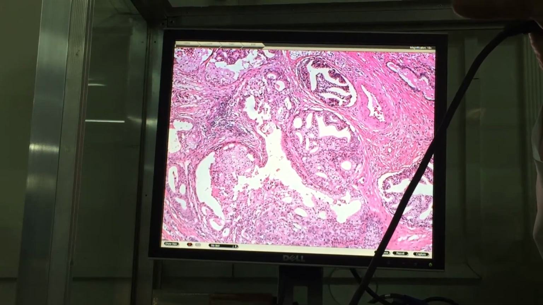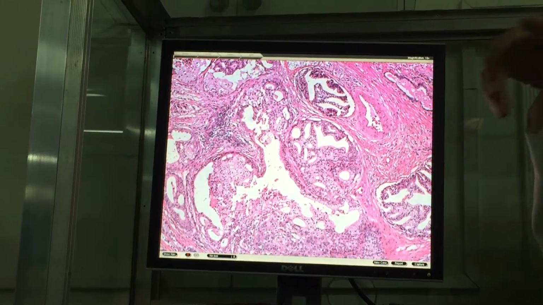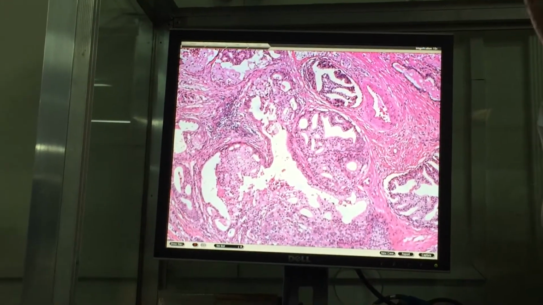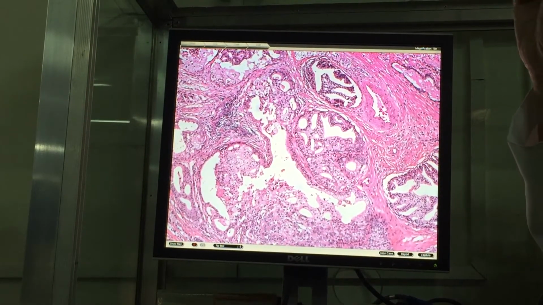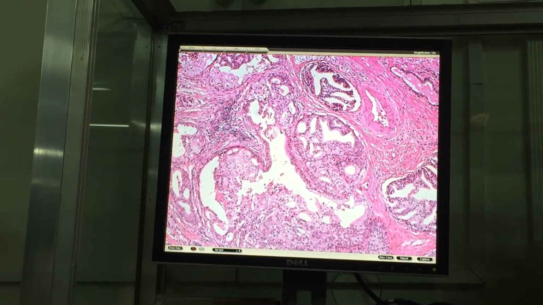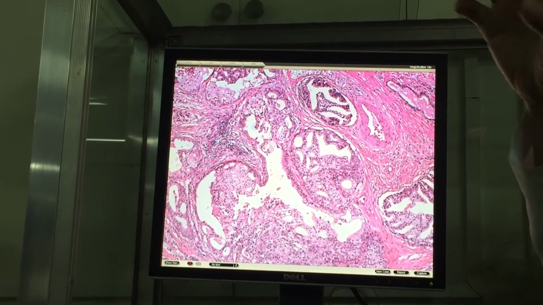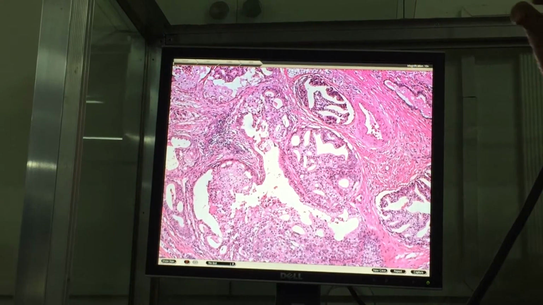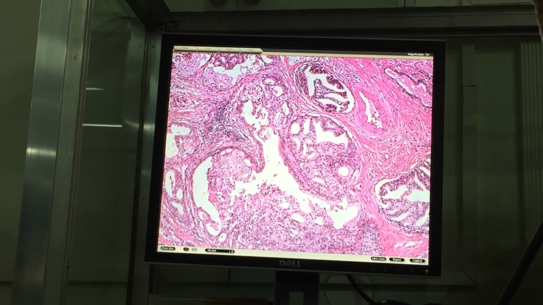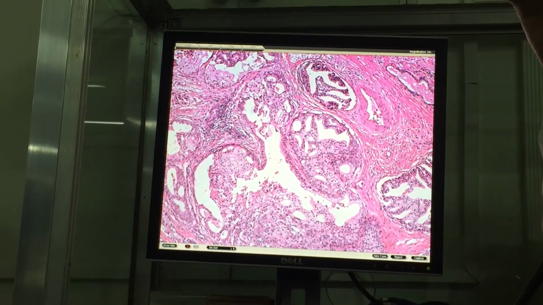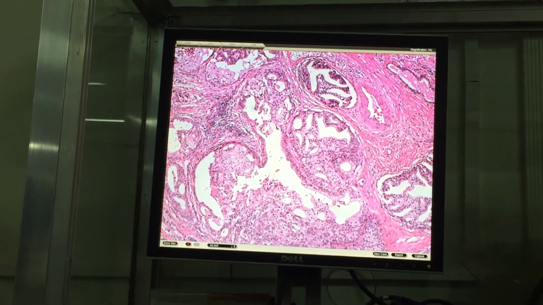Grade 1, individual malignant glands, individually infiltrating, so there's no fusion, but you'll see a typical columnar epithelial lining. Grade 2, you see closely packed glands. They are seen in back-to-back arrangement already. Some show fusion. Grade 3, you see fusion of the glands. More fusion. Nagdidikit-dikit na yung gland.